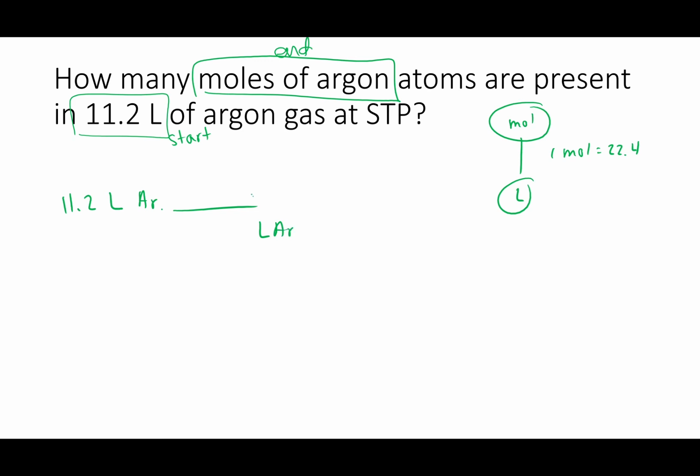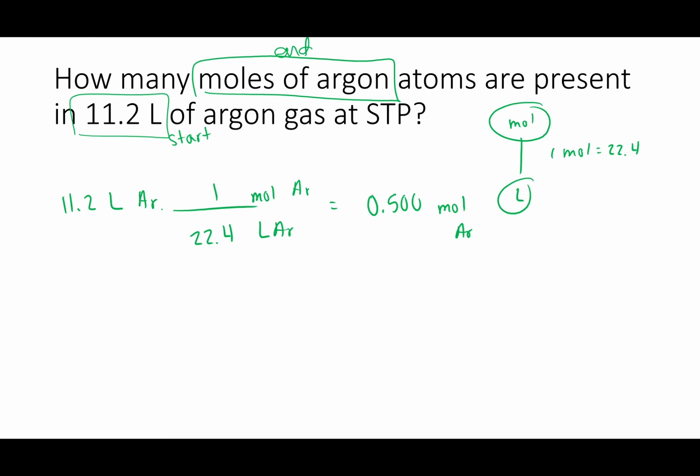Liters of argon to moles of argon. 1 mole, 22.4. This time we will divide, and so with the correct number of significant figures, 0.500 moles of argon.